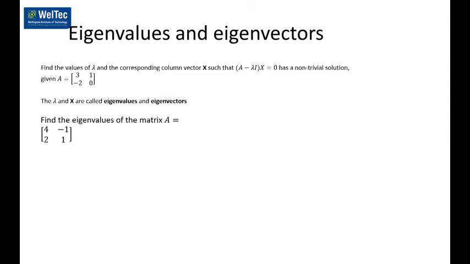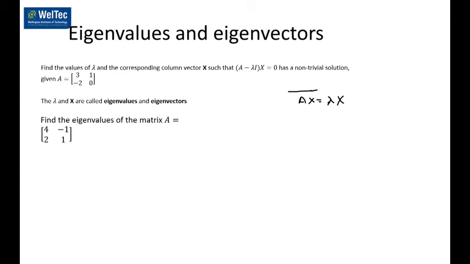So what we need to find are the eigenvalues, lambda, and what we're looking for is lambda such that (A minus lambda times the identity) times x is equal to 0. Or putting that another way, we're looking for Ax equals lambda x.